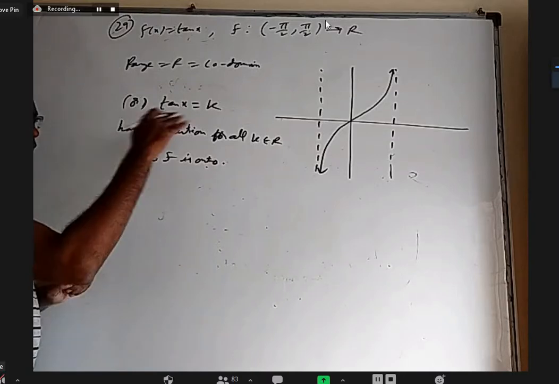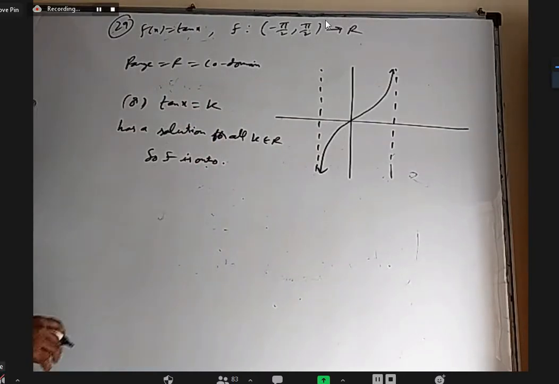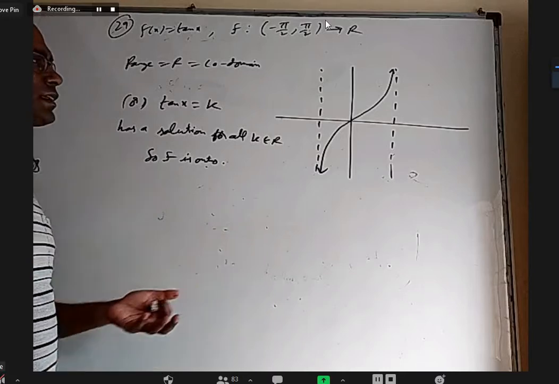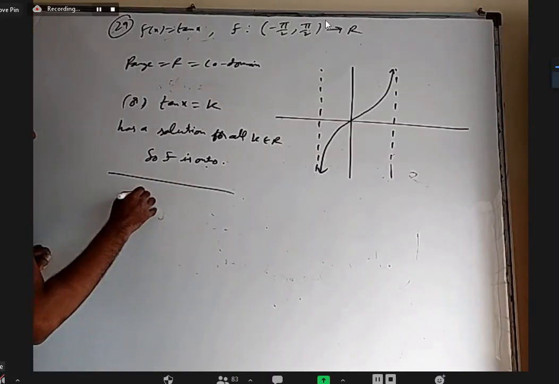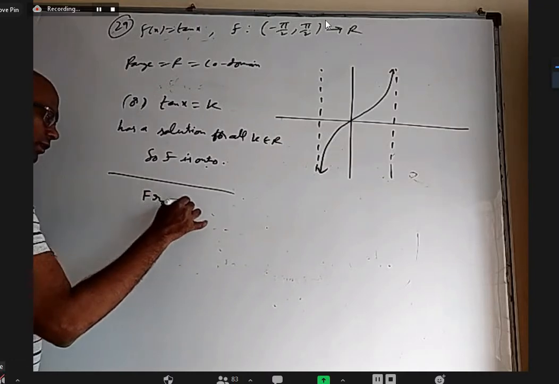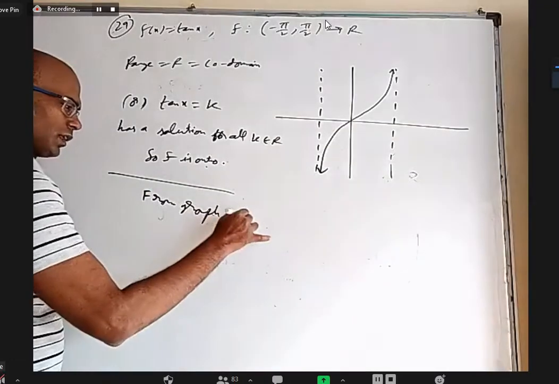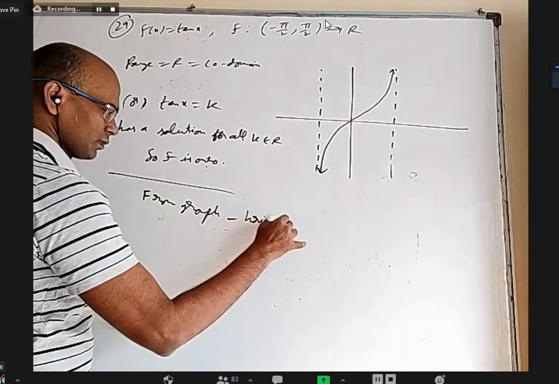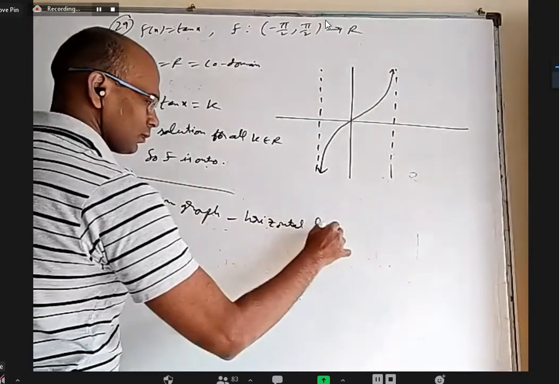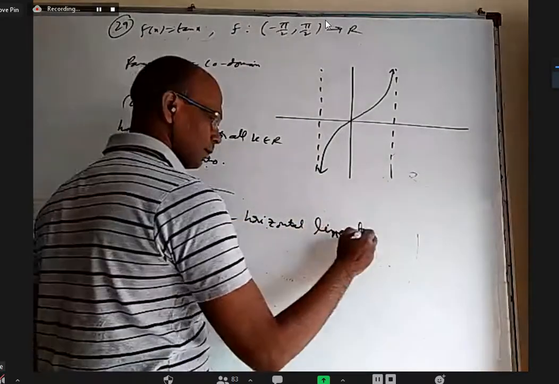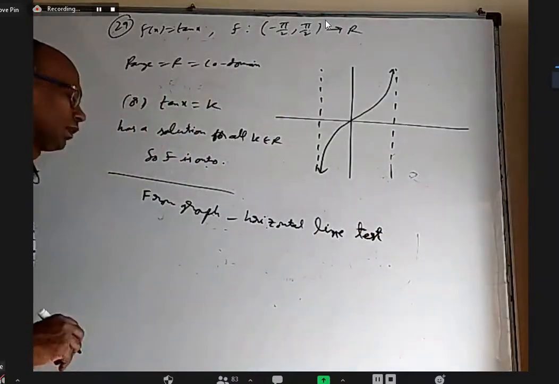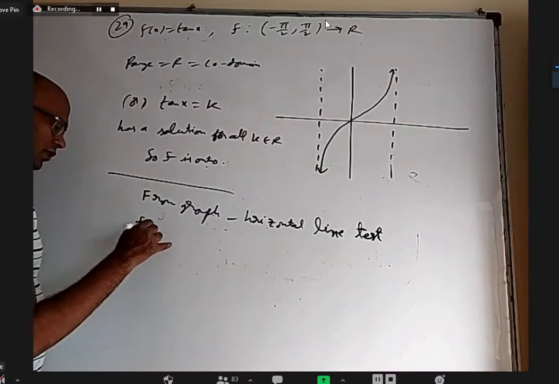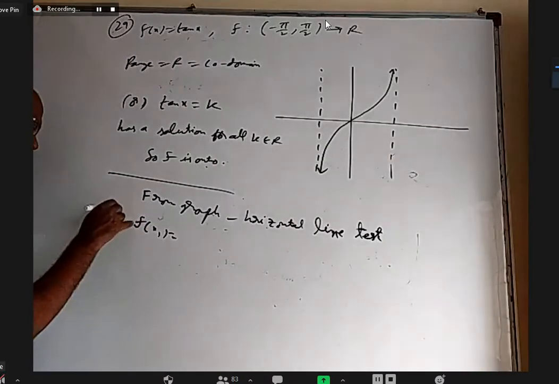Regarding 1-1, from the graph you can tell a horizontal line will intersect only once. I'm not writing anything. Otherwise, you can do one thing: from the graph and horizontal line test, or let us start with f of x1 equal to f of x2.